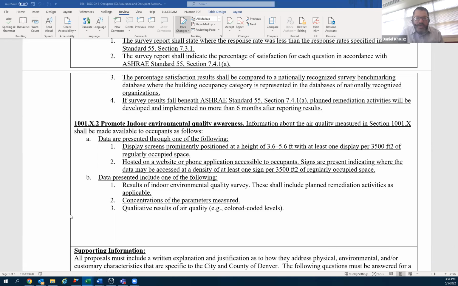Does it say anywhere here what is being measured? Because before there was a survey of comfort, I imagine that this is something else, like air quality, and I don't know what specifically is being measured.